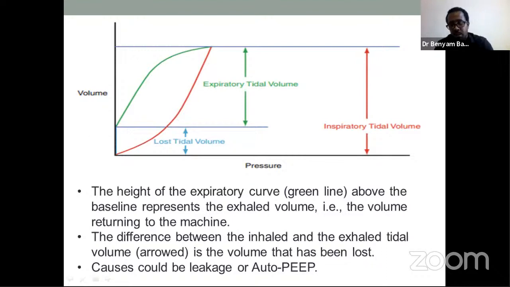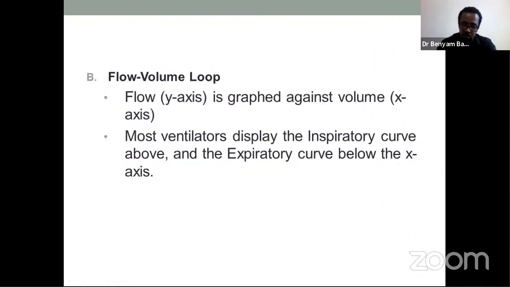So the second part of the volume loop is the flow volume loop. Usually flow is represented on the y-axis and volume is represented on the x-axis. So we'll be able to see the flow rate on the y-axis and the tidal volume on the x-axis.